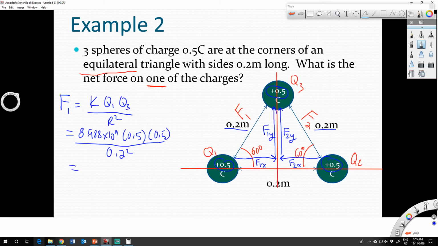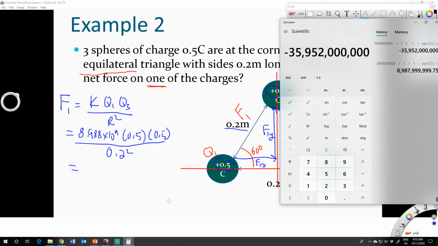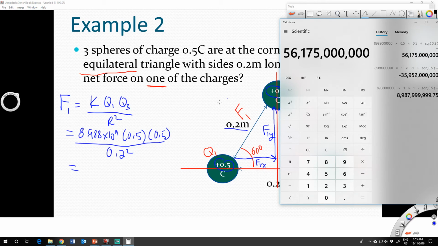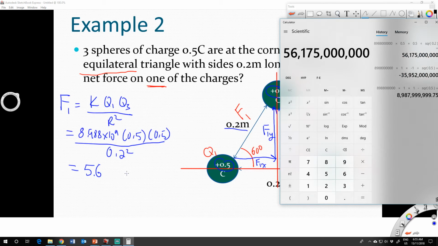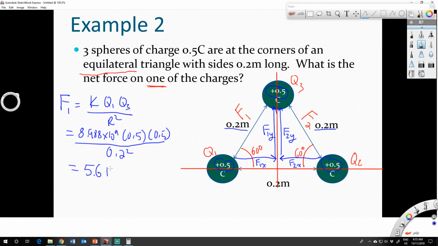All right, so let's calculate this out. 8.988 times 10 to the 9 times 0.5 times 0.5 divided by 0.2 squared equals. So this F1 will have a force of 5.6175 times 10 to the 10 newtons.